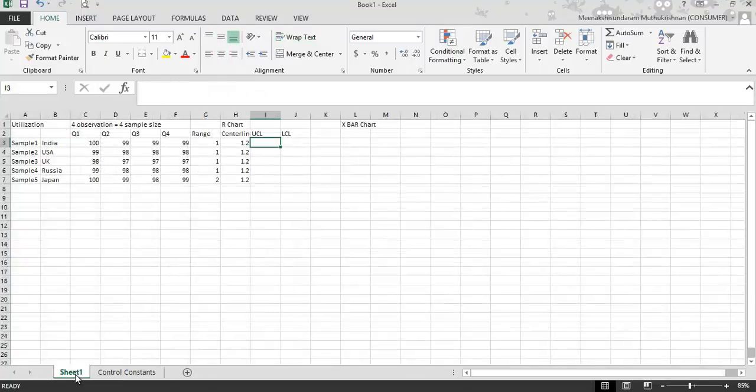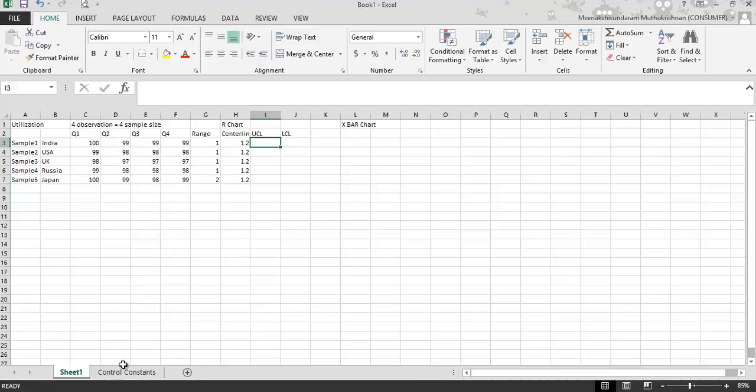So we will go to the UCL, and it's a very simple formula. It's the central line into the constant. The constant is based on the number of samples. So 1.2 into, we see that we have 4 samples here.